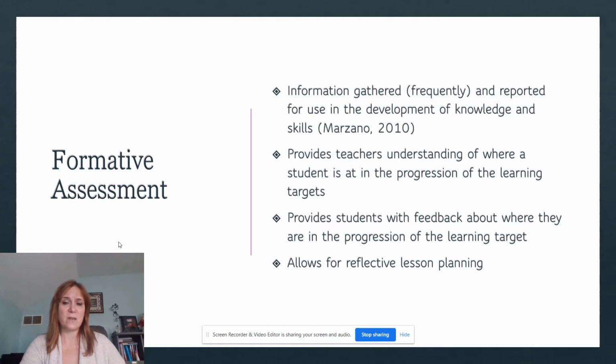You want to explain what the students' strengths are, what they are understanding, and then connect to where some of those gaps are, and then bring it back to how are we going to fill those gaps to get to that target. Marzano really says that feedback is one of the number one ways to improve student learning. So providing opportunities for effective feedback is very important. Formative assessments also allow for reflective lesson planning as a teacher.